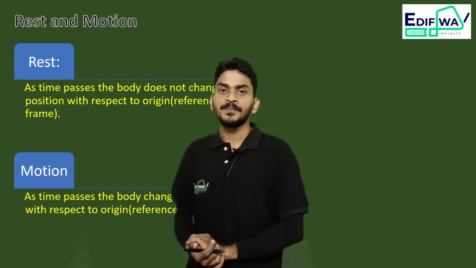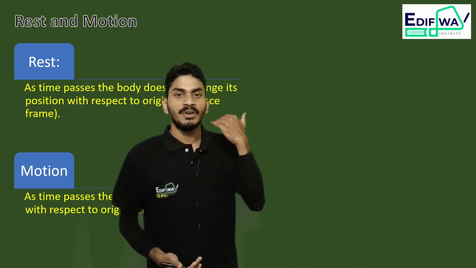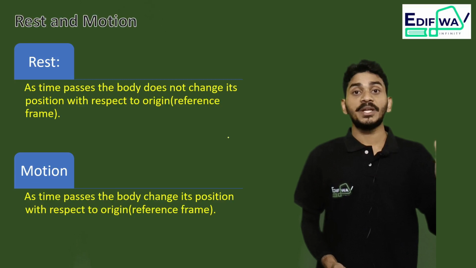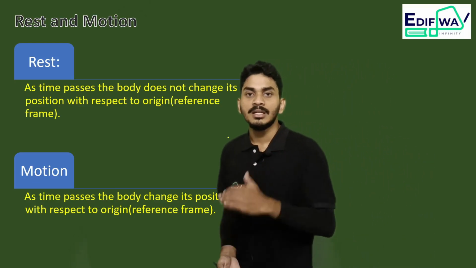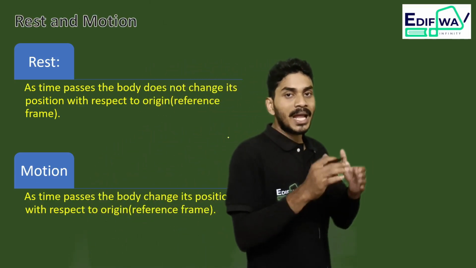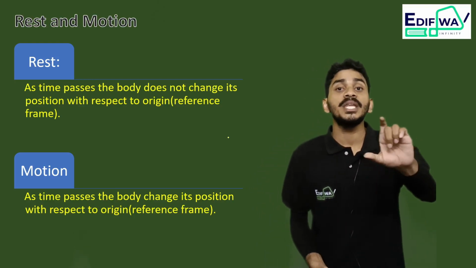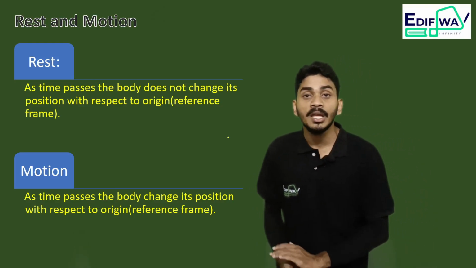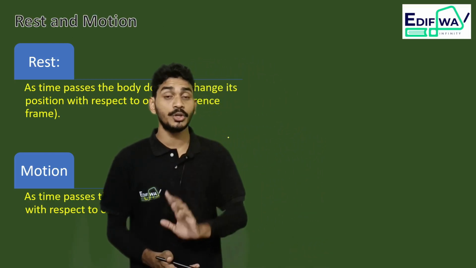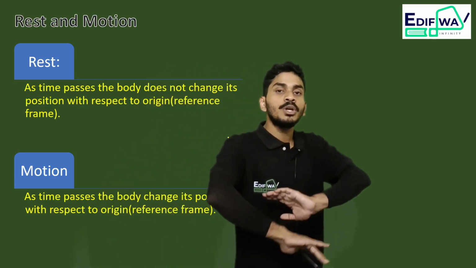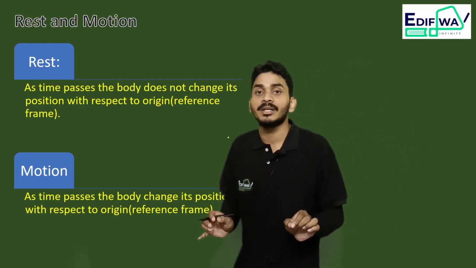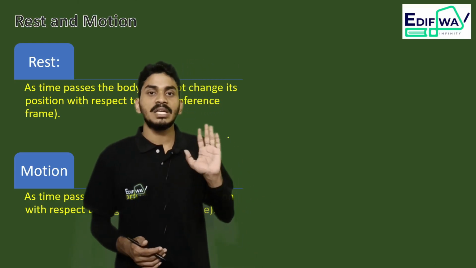All other quantities, whether it is displacement or velocity or acceleration, all these physical quantities vary with respect to time. So displacement, velocity and acceleration are all dependent quantities, and they are depending on time, because time is the independent quantity that keeps on passing. Without changing the time, you cannot change displacement, you cannot change velocity, and you will not have acceleration. So time is an independent quantity.